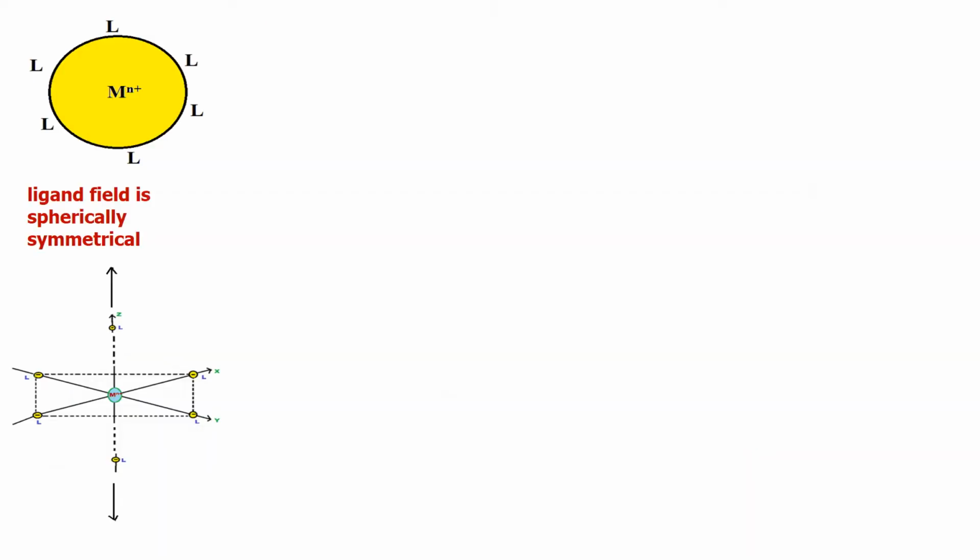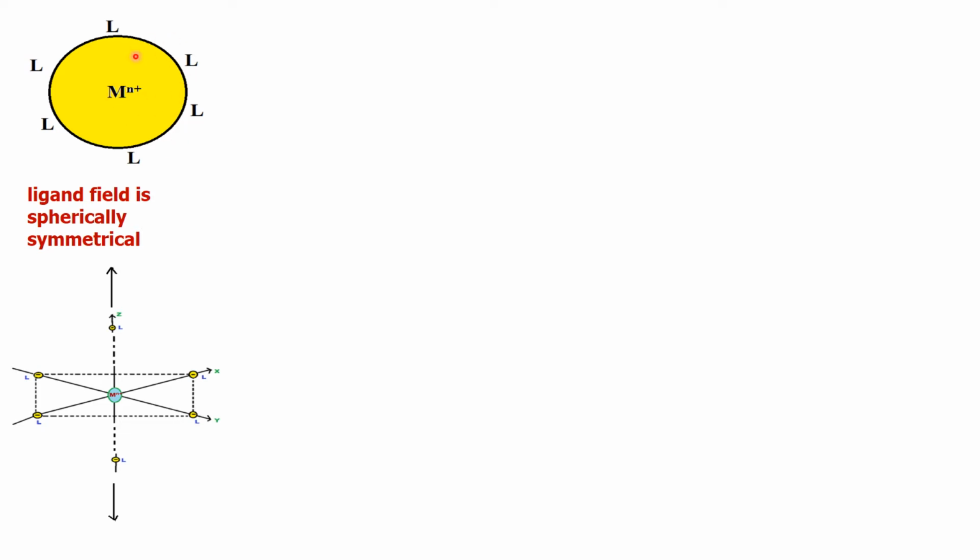Now we are going to study the energy level diagram for an octahedral complex. We are considering a special case in which all the ligands approach the central metal ion at an equal distance from each of the metal d orbitals.